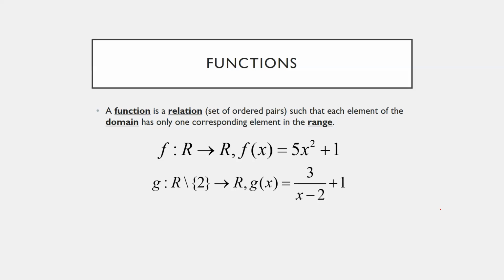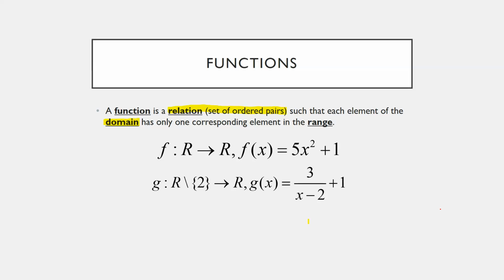A relation is just what it says in the brackets. It's a set of ordered pairs. That is, we're looking at pairs of x and y values, and we've got a set of them, so we've got multiple of these pairs. The first element, the x, tells us our domain. So if we look at all the different x's, then we know all the different values that our function applies to.